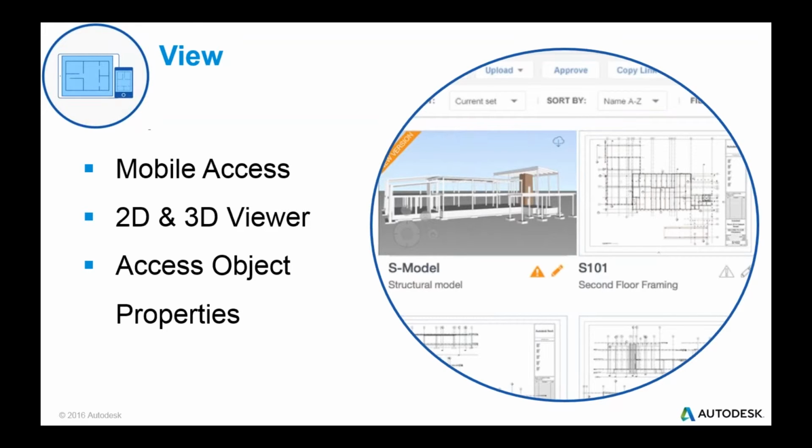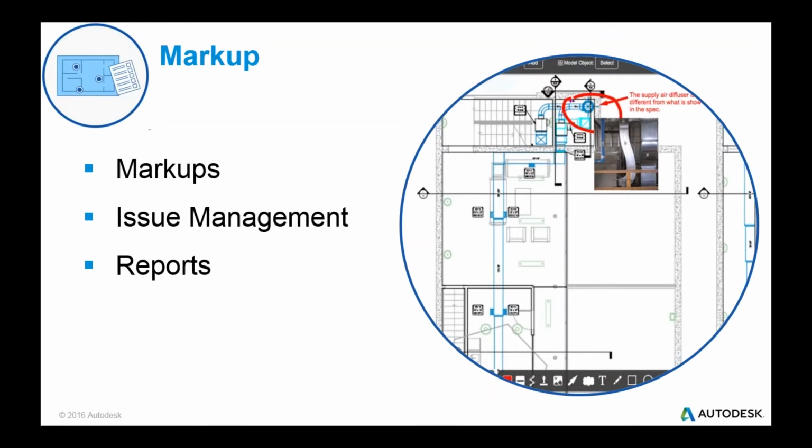We need to view this not only in the browser, where we're working on a desktop basis or remotely, but also in situations where we don't have network accessibility. So we need an offline version where I can download and synchronize views and share markups without necessarily being always connected.